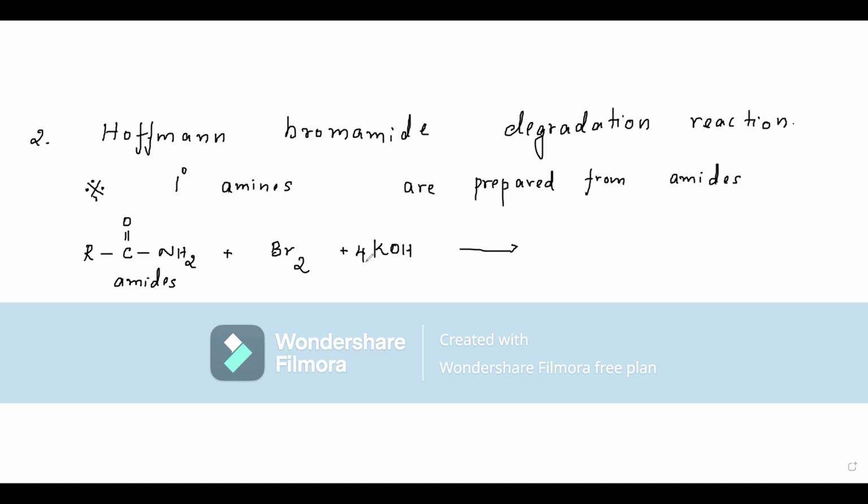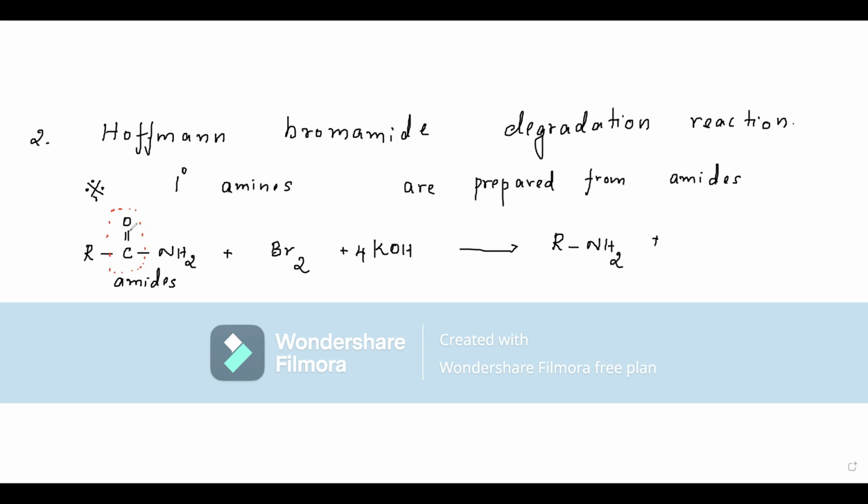Now here what happens is, from the amide, you will be removing this CO group. So, the easiest way to understand this is, first of all, remove that CO. What do we have now? RNH2. So I got a primary amine.